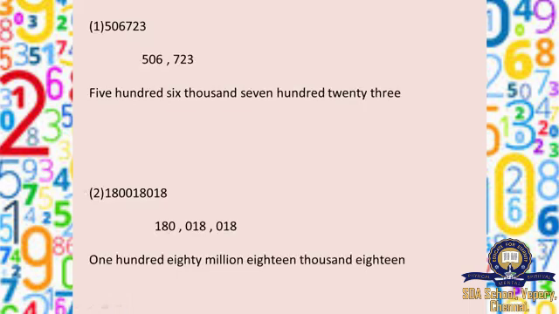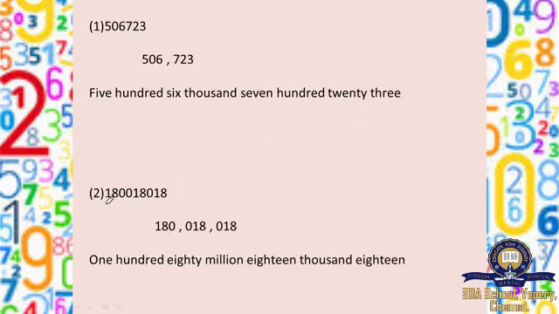Here are a few examples. 506723. After ones period we will insert a comma. Then this is a thousand period. So the number will be read as 506,723.